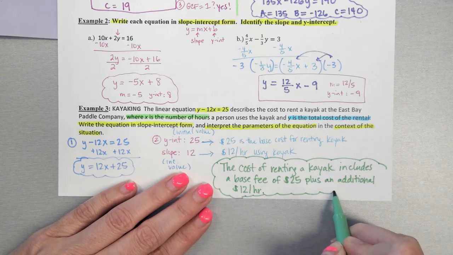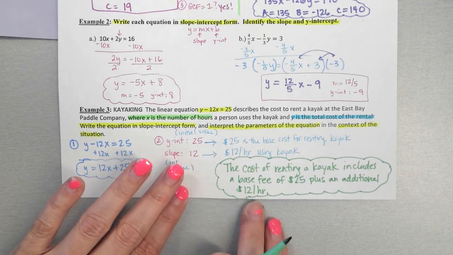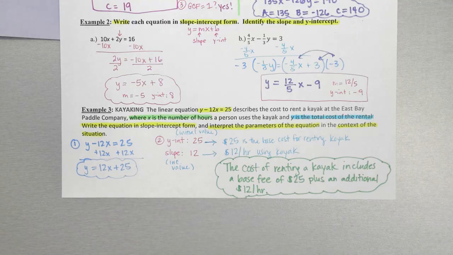Okay, so there's a base cost or initial cost of $25, and then an additional $12 an hour.